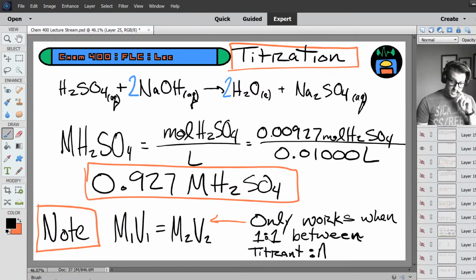All right. So if you see there's a 1-to-1 ratio between titrant and analyte, you can use this, but caveat emptor, buyers beware, I will not be giving you those on the exam. You'll have to balance a chemical equation on exam 2 to do the titration problems.